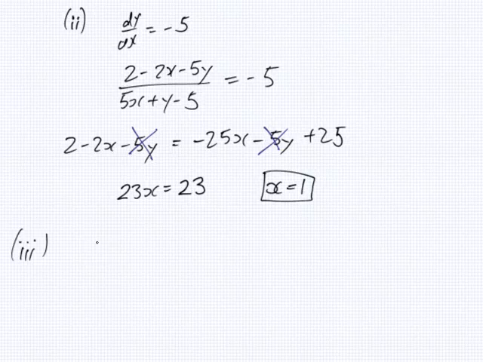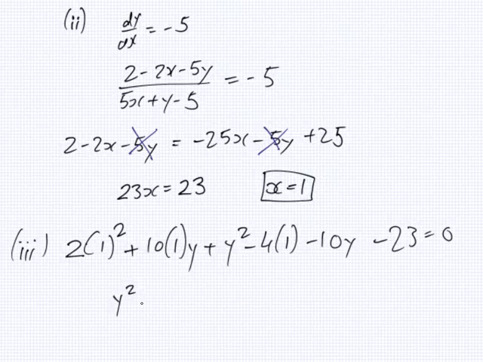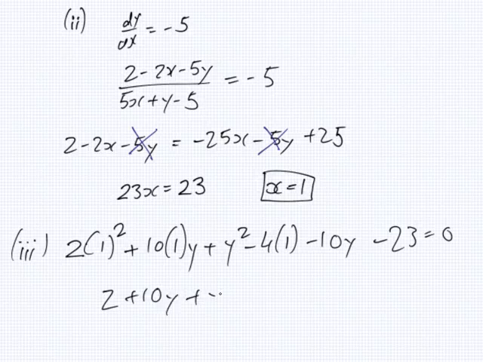What was it? 2x squared plus 10xy plus y squared minus 4x equals 0. So we got, well I'll write it all out, 2 plus 10y plus y squared minus 4 minus 10y minus 23 equals 0.